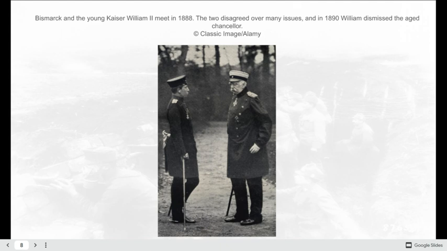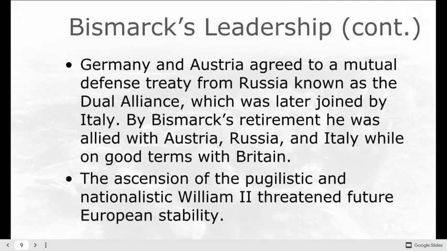And Bismarck's time was kind of ending because he was continuing to operate things behind the scenes, but eventually, of course, he is going to butt heads with a young new Kaiser, William II, and eventually Bismarck is going to be dismissed in his later years as the leader of the political system.